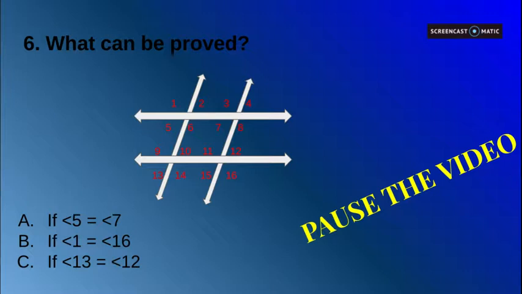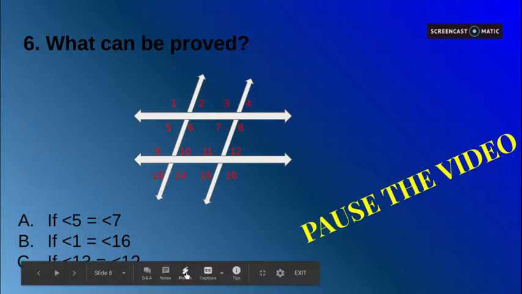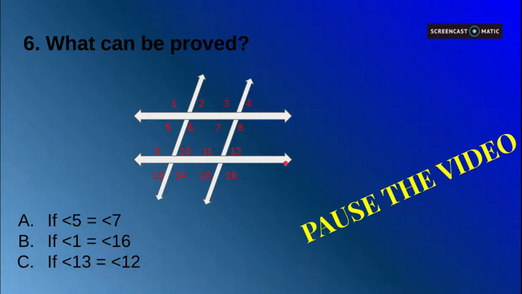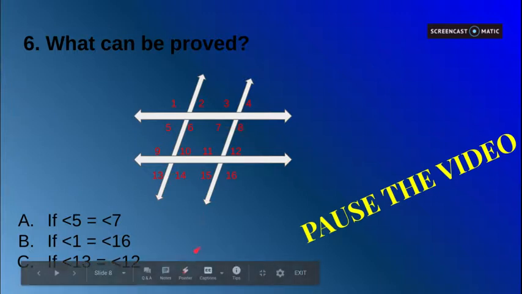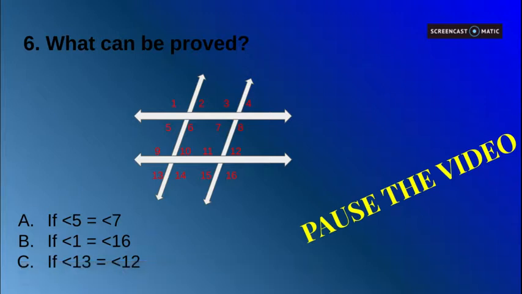Now, I forgot to name the lines, but let's say that this line right here, let me get the pointer in case you can't see, is going to be A, this one's going to be B, this one's going to be C, and this one's going to be D. So if that is the case, then the lines C and D are by the corresponding angles of 5 and 7. So that means A is parallel to B.